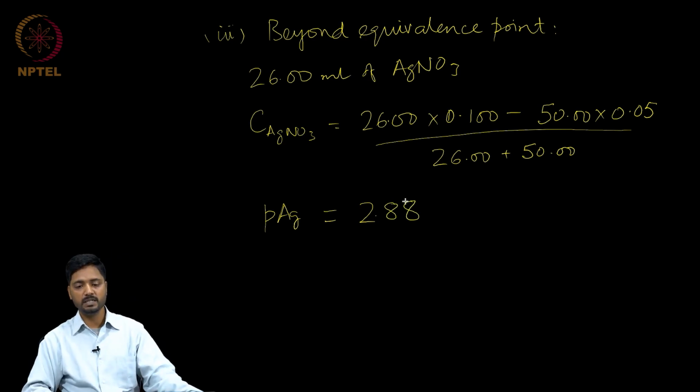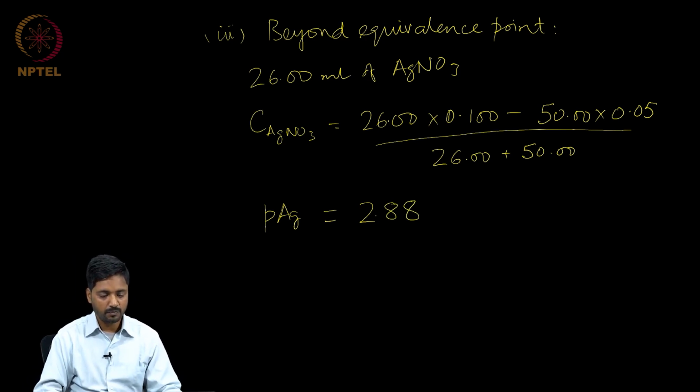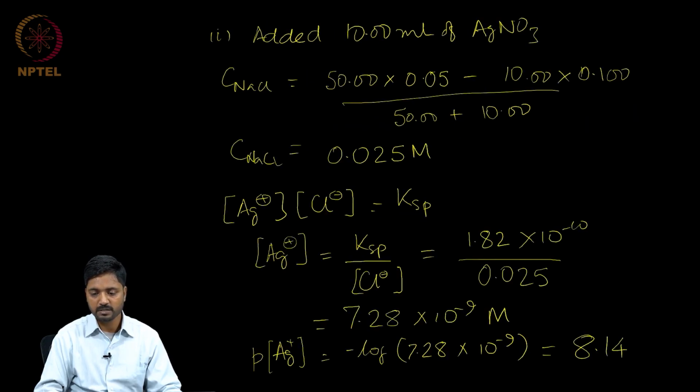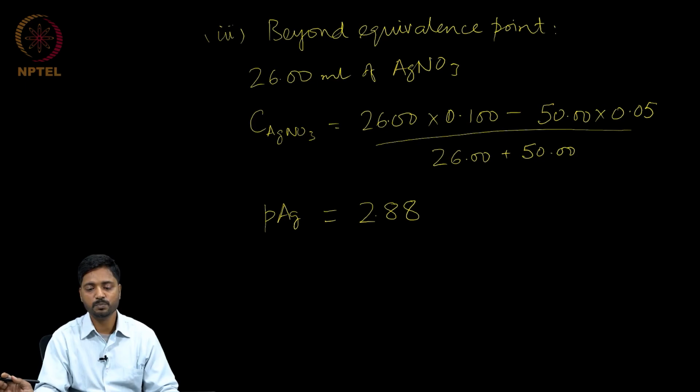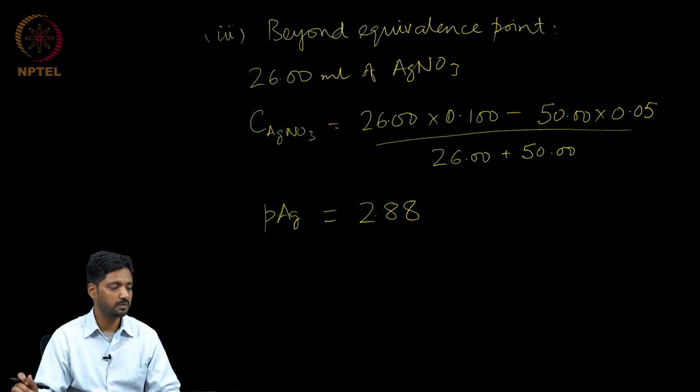So, what we see is that from the initial phase where our pAg value was 8.14, at equivalence point this reduced to 4.87, and just after the equivalence point it reduced even further to 2.88. So, this can again be plotted into a titration curve. A theoretical titration curve can be generated from such calculations.